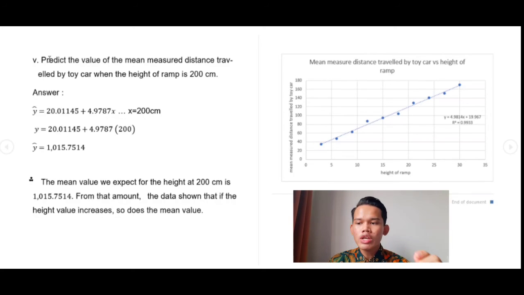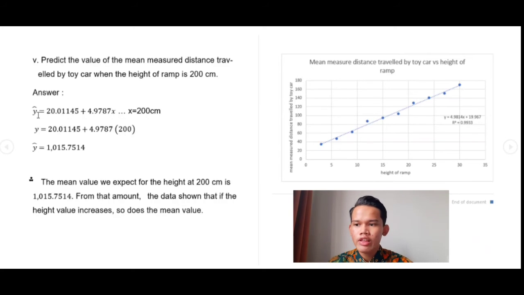The equation I get from the previous question is y equals 20.01145 plus 4.9787x. That is the linear equation I will use to solve question number 5.